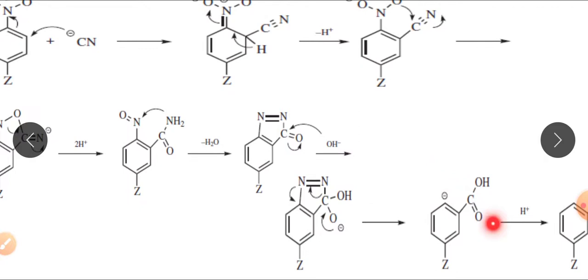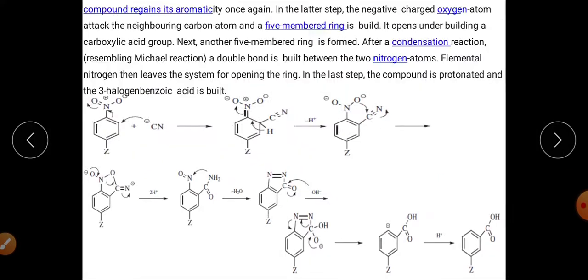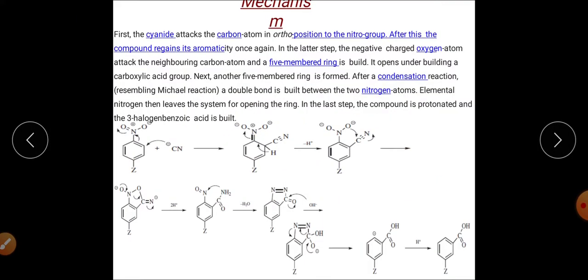That's why half of the oxygen is labeled and another half of the oxygen is not labeled, because that oxygen is supplied by the NO2 group which is already present on the aromatic system. So these are the overall evidences which prove that the reaction proceeds with the said mechanism.